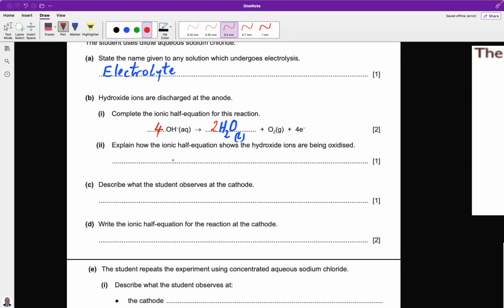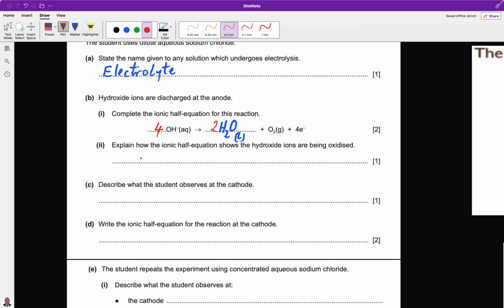For hydrogen, we have 2 times 2, which is 4 hydrogen on the right, and on the left we have 4 hydrogen. So the equation is also balanced. On the ions, there are 4 minuses here, and here we have 4. So our equation is complete.